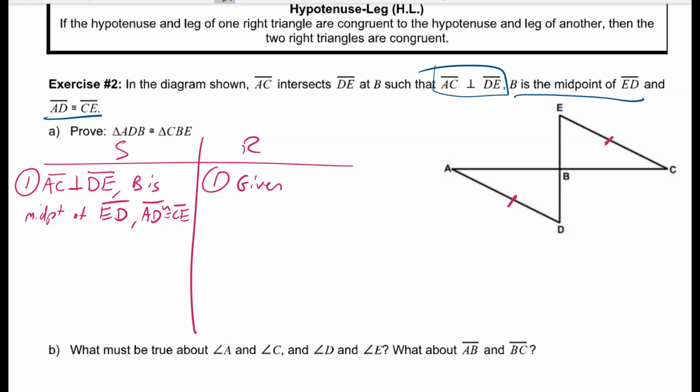Now you need to ask yourself, why are they telling us about this perpendicular part? Why are they telling us that AC is perpendicular to DE? Well, anytime I'm thinking about perpendicular lines, remember perpendicular lines intersect at right angles. So I can make the assumption that that angle right there, ABD, and angle EBC, are congruent right angles.